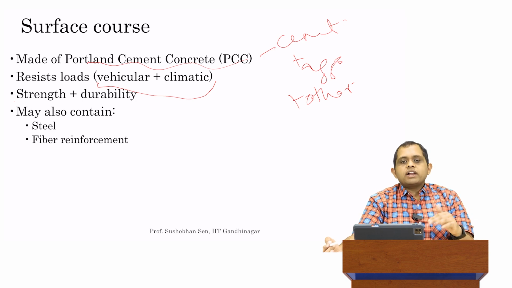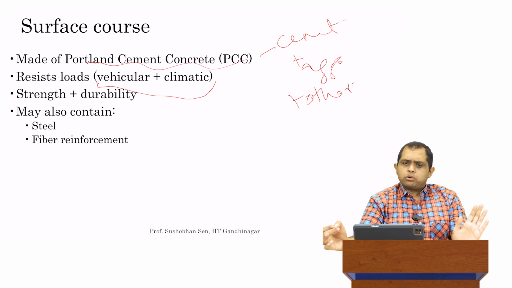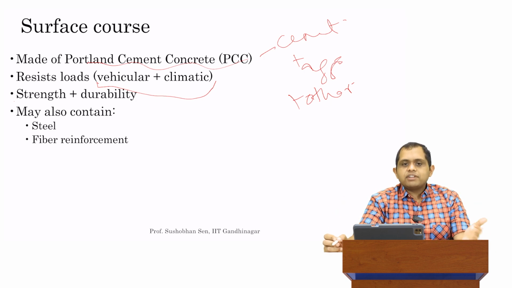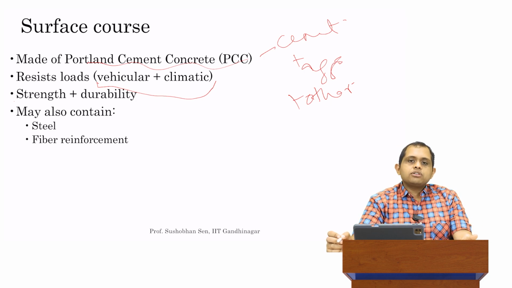So even if you don't have any traffic on the road, I don't know why you would build such a road, but for the sake of argument, if you had a road which doesn't have any traffic on it, you would still have the effect of climate load. And so we have to consider both vehicular and climatic load.